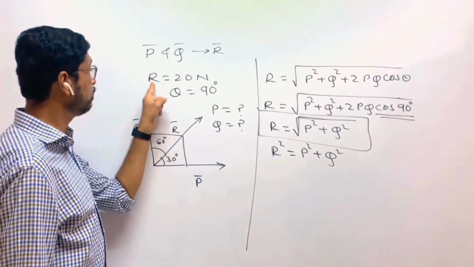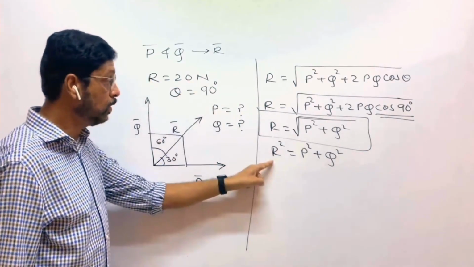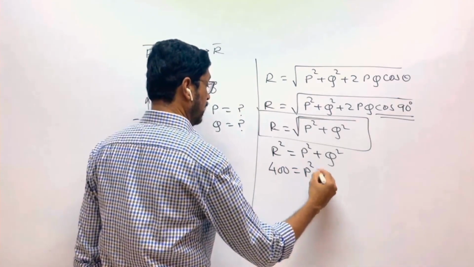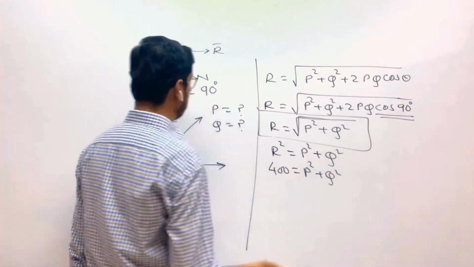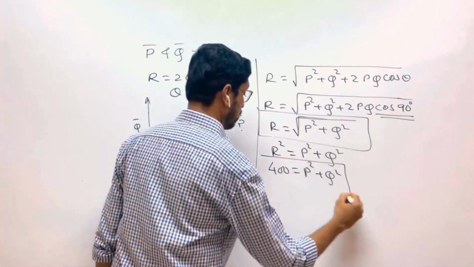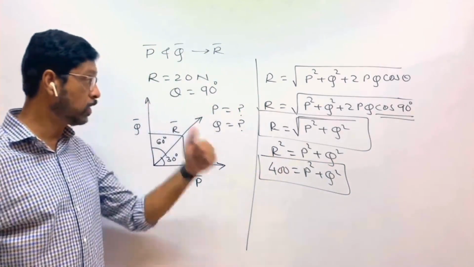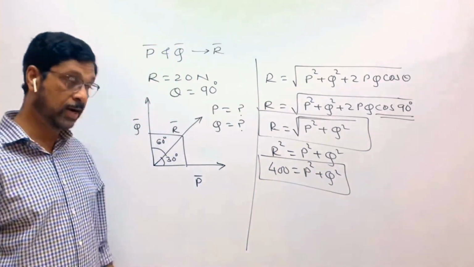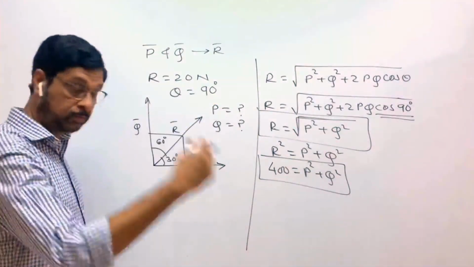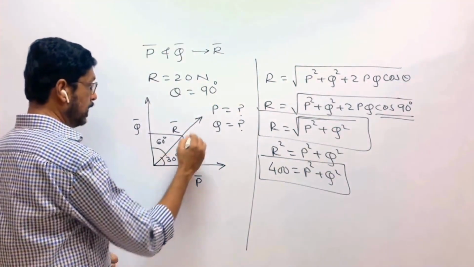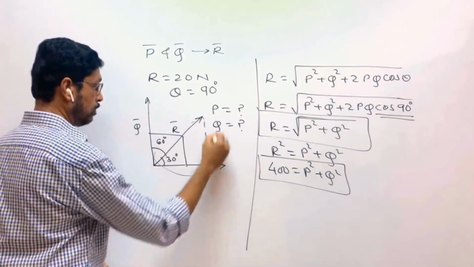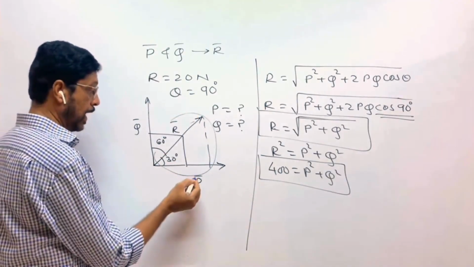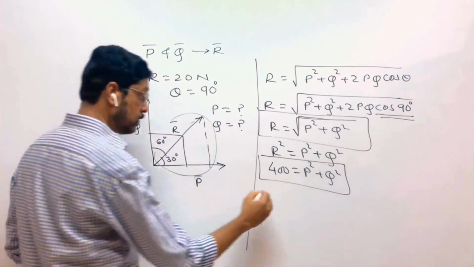Now from here, R is 20. So 20 square, that is 400, is equal to P square plus Q square. You got one equation, P square plus Q square is equal to 400. Have a look at it. Now, if you consider this triangle, what will be cos 30 equal to? Adjacent side upon hypotenuse.